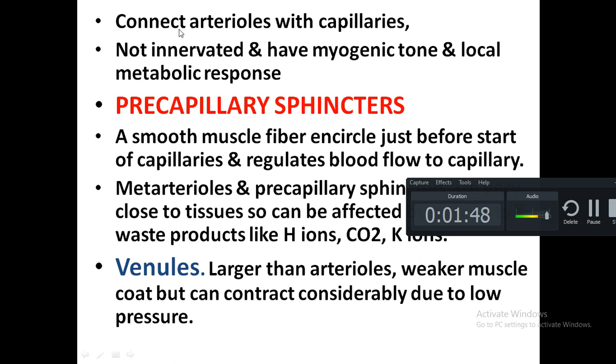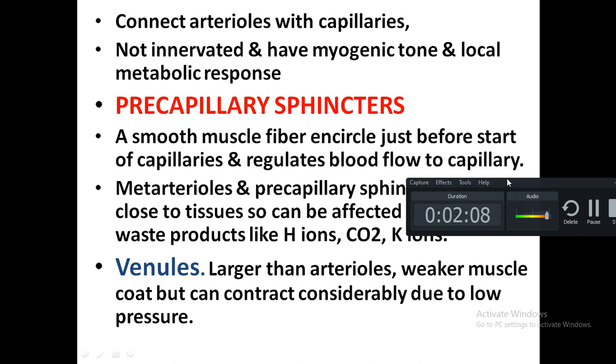These metarterioles connect the arterioles with the capillaries. They are not innervated by any type of nerve fibers, and they have a certain myogenic tone, and this myogenic tone helps in the control of blood flow to that particular tissue.